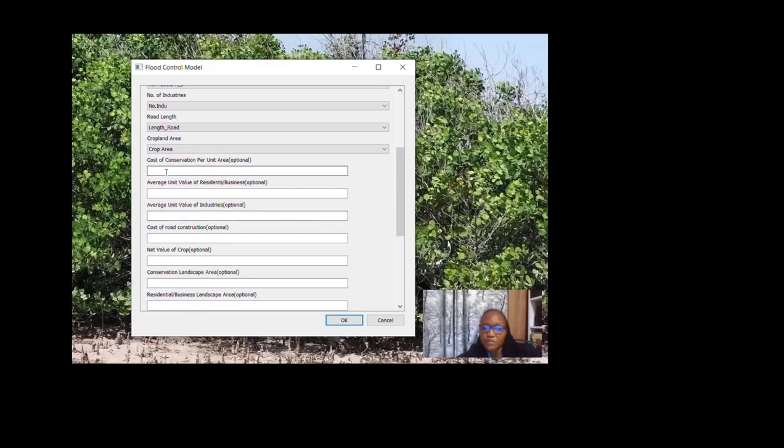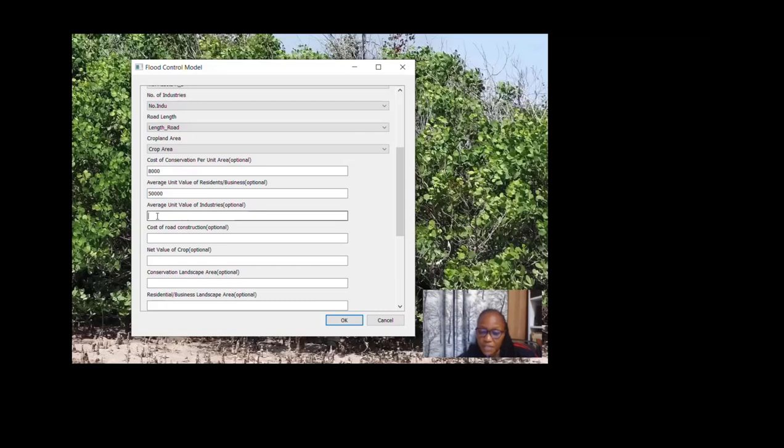What would be the cost of the conservation unit? If, let's say, for example, it's 8,000 US dollars per hectare, I'm just using arbitrary figures. You can also do the same for those that are trying out the model. Average unit value of residence, depending on where it is, we can say about 50,000 US dollars.